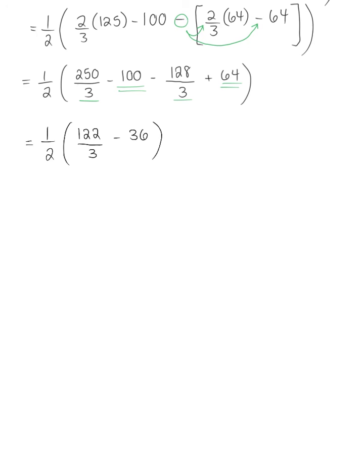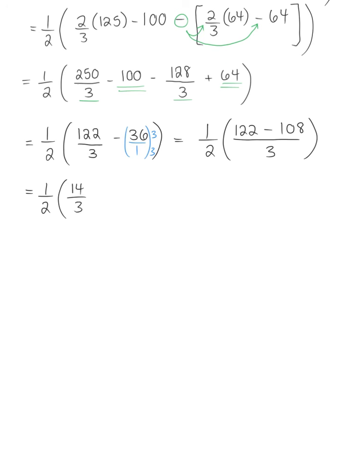Now, getting a common denominator within those parentheses, we have 1/2 multiplied by 122 minus 3 times 36 leaves us with 108, all divided by 3. And so we have 1/2 multiplied by 122 minus 108 is 14 thirds.